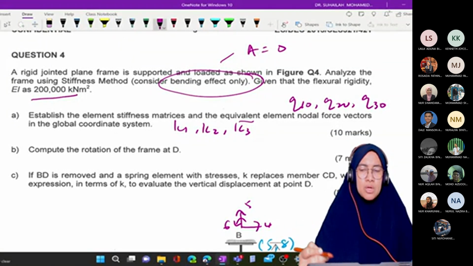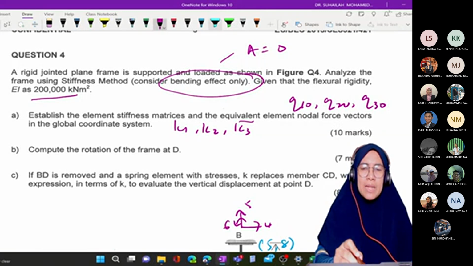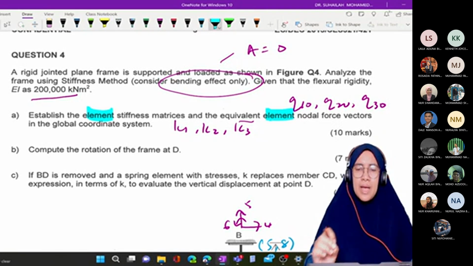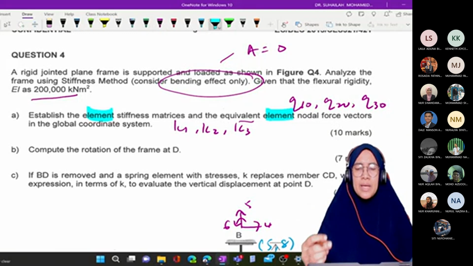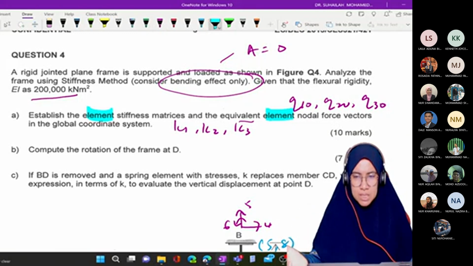Small letters are used for elements. When we combine them, we get the structure stiffness matrix and the equivalent nodal forces.